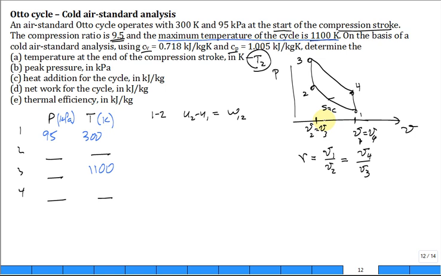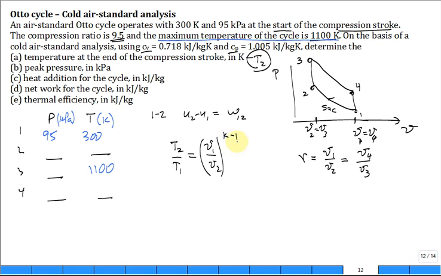So can we write the equation that we just derived? Can we say that T2 divided by T1 is equal to what? Okay, it's equal to V1 over V2 to the K. Help me now.